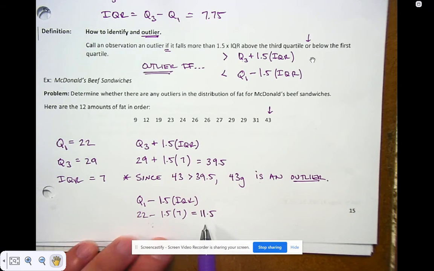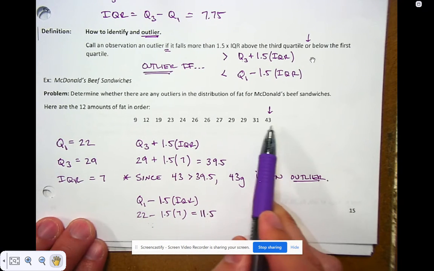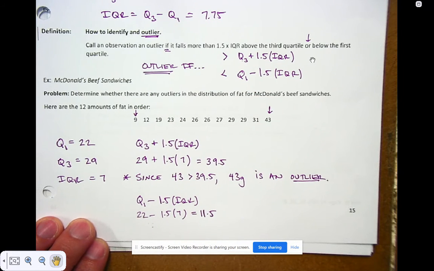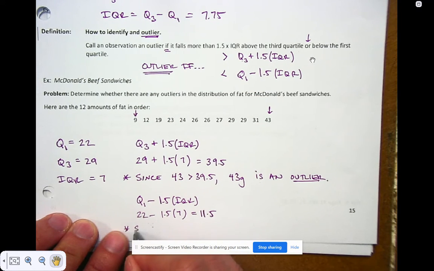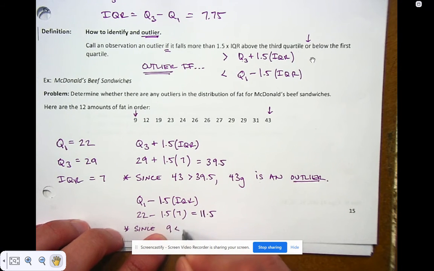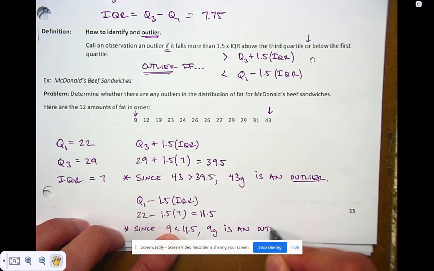If we do that, are there any data points that are below 11.5? Yes. And so I would say, since 9 is smaller than what I just calculated, 9 grams is an outlier.